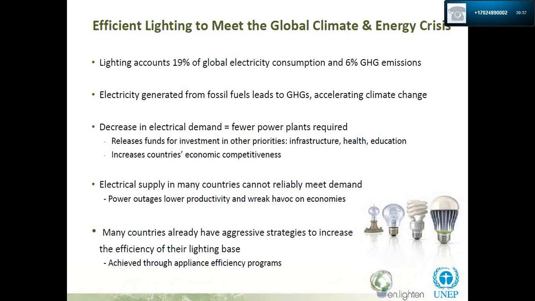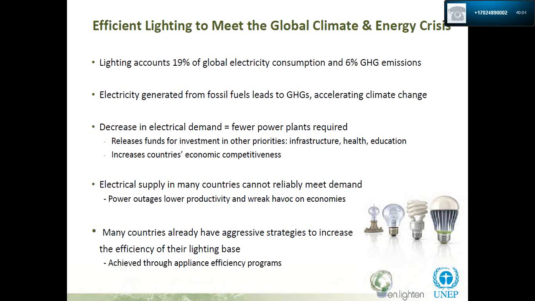The International Energy Agency calculates that lighting accounts for close to 19% of global electricity consumption. And our calculations are that that means around 6% of GHG emissions globally. The electricity that lighting consumes, generated from fossil fuels, leads to increased greenhouse gas emissions that accelerate climate change.